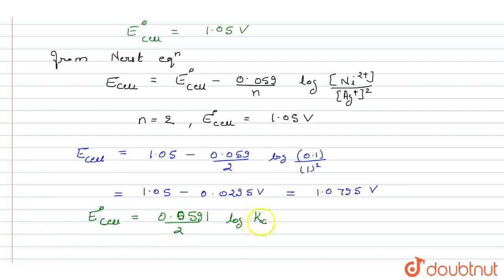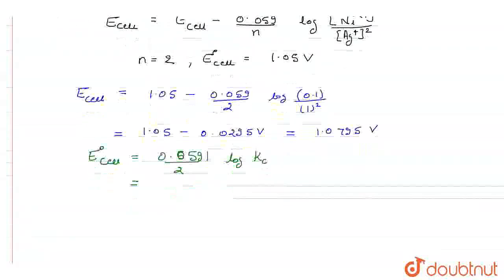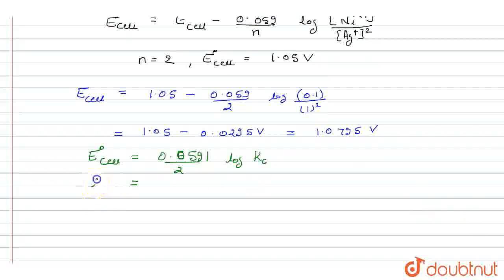Equating this E naught value with log of Kc, we get log of Kc equals 1.05 into 2 divided by 0.0591.